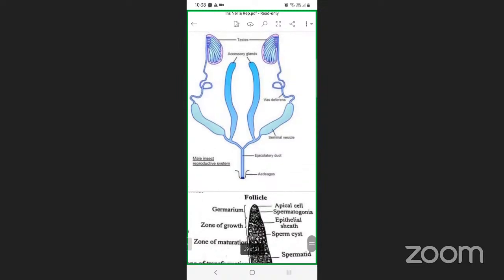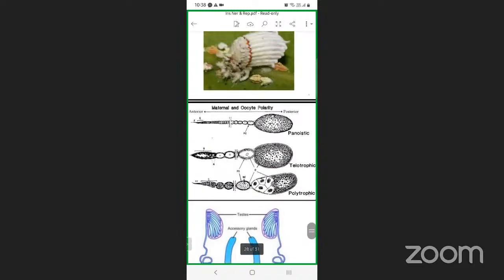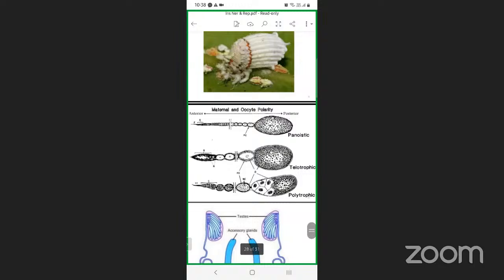Coming to the male reproductive system. Okay, here there is still more explanation. Pedogenesis, where without oogenesis, the insect undergoes pupa or goes into the adult stage.